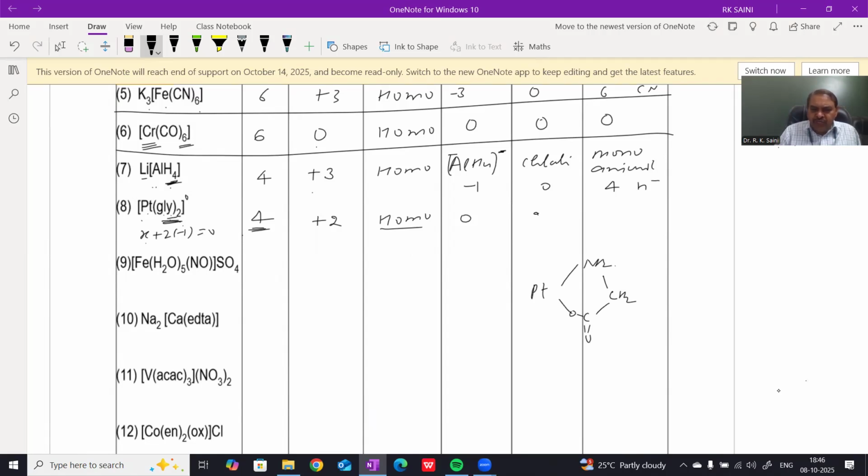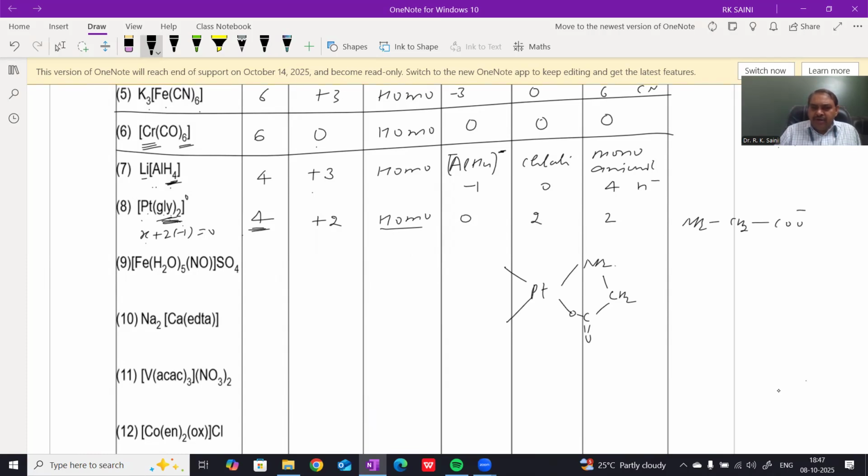Therefore, total 2 chelating rings are there because of 2 glycinate. Number of chelating rings equals n-1, where n is the denticity of the ligand. It means one glycinate ion makes one ring, so 2 glycinate ions make 2 rings. It is square planar. Mono-anionic ligands are 2, and both are glycinate.